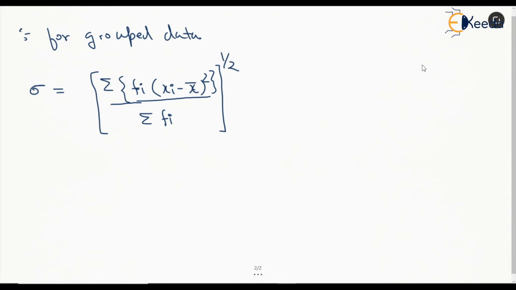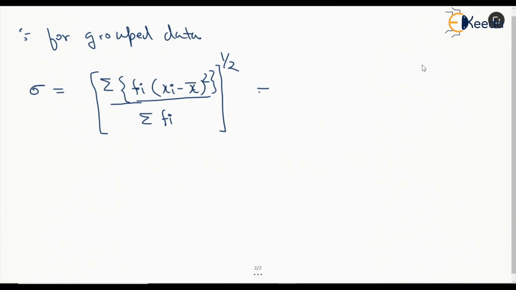So we'll have to multiply the square of the deviation of the value from their mean value. What is this? This is the deviation. x bar is the mean value, xi minus x bar will be the deviation, square of the deviation into the frequency, sum of all divided by the sum of all frequencies, and we'll do the square root of it.